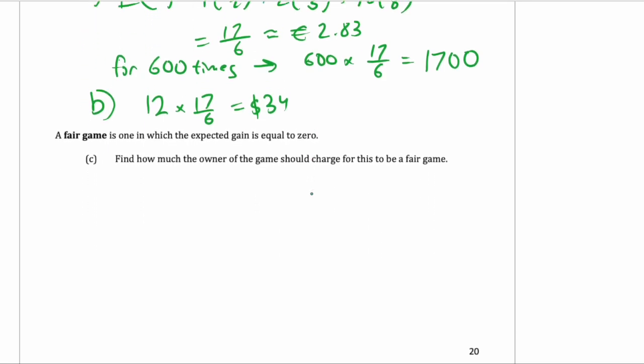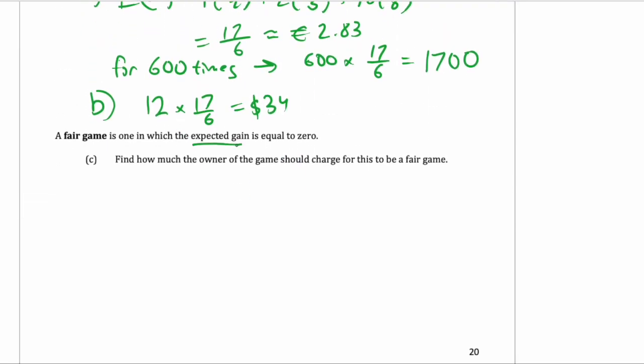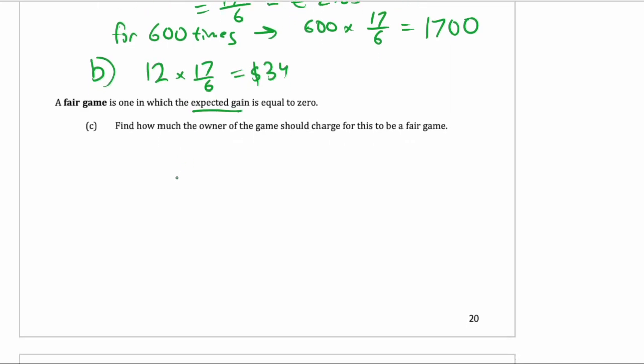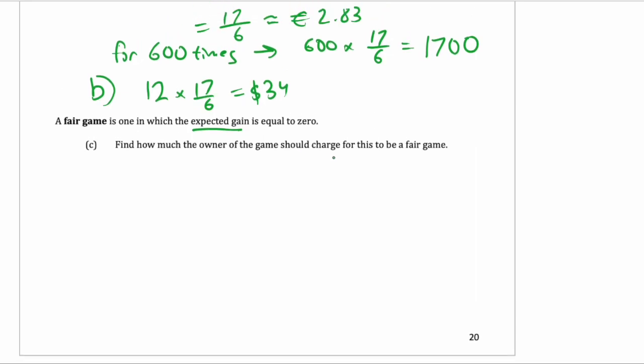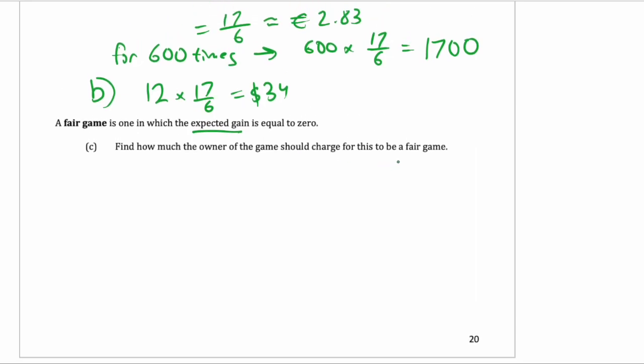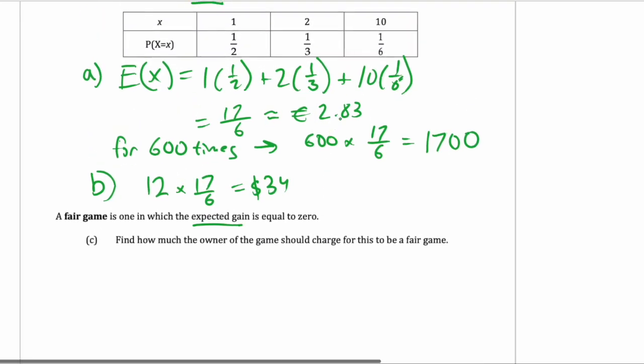I can't remember. Okay, a fair game is when the expected gain is equal to 0. That means the house doesn't win or the person playing doesn't win. It should all even out. So find out how much the owner of the game should charge for this to be a fair game. Well, we saw that expected value is 2.83.